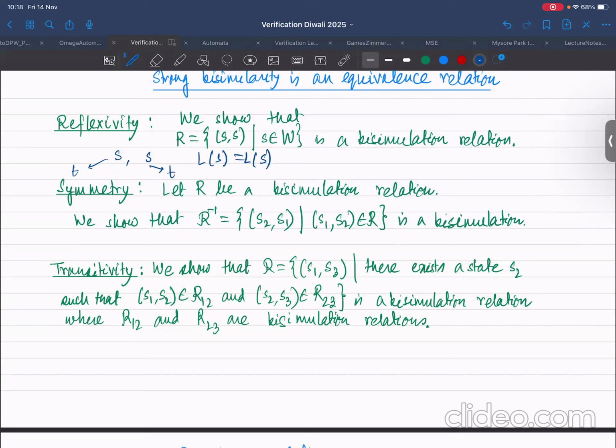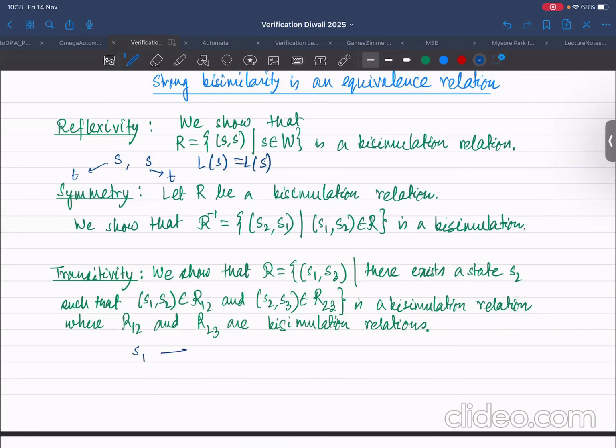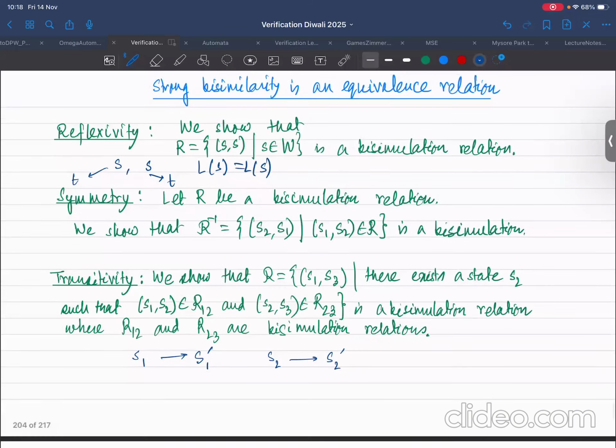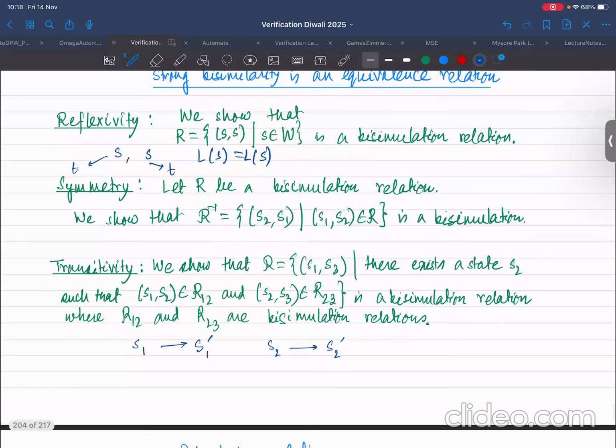And then for any successor of S1, S1 goes to some successor S1 prime, right? Then we know there is a successor of S2, which is S2 prime, such that S1 prime and S2 prime are equivalent.